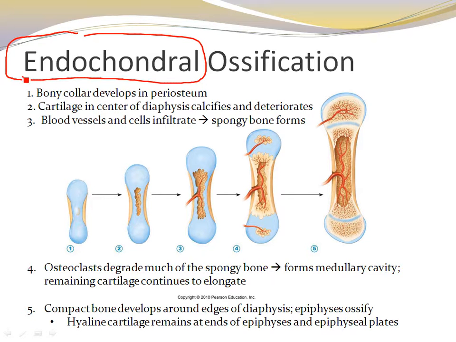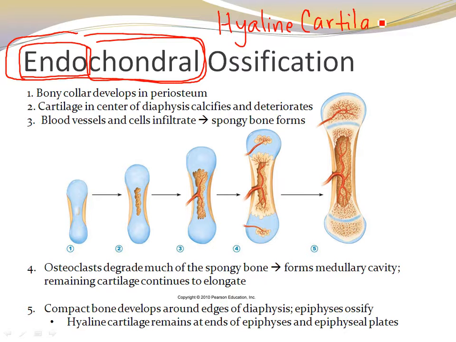Endochondral, endo means inside, chondral refers to cartilage. This develops within cartilage. So these are bones that start from hyaline cartilage templates.